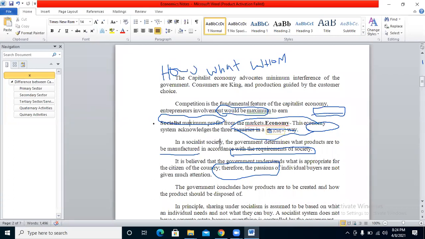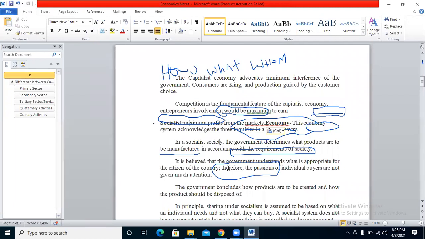So the government determines the product to manufacture according to the requirement of the society. It is believed that the government understands what is appropriate for the society, and this is not based on individual passion or individual choice.